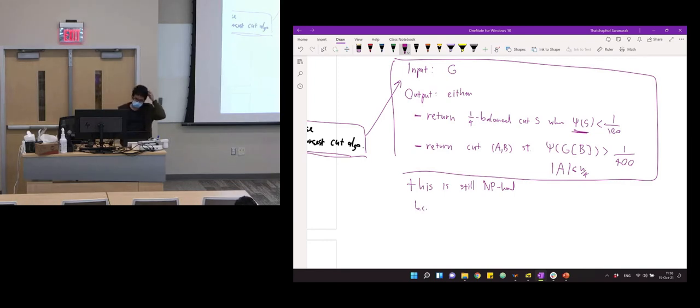Even that is still NP-hard. If I give you a graph where the expansion is close to 1, then it needs to return the case where A is empty and say that the whole graph has high conductance.